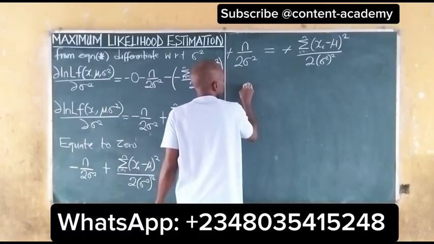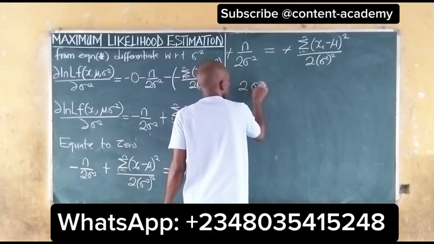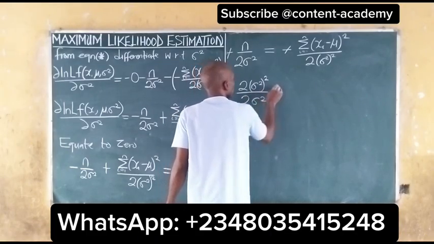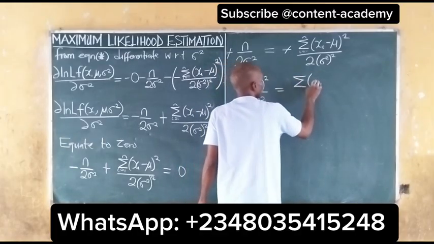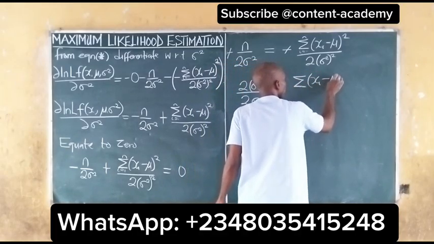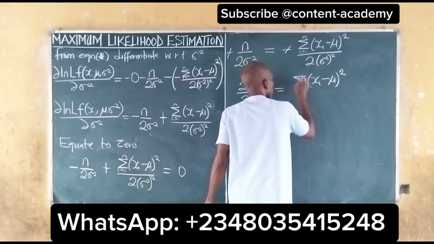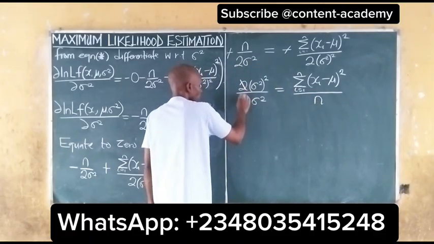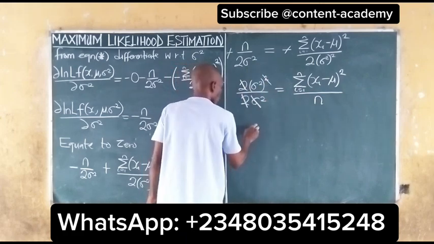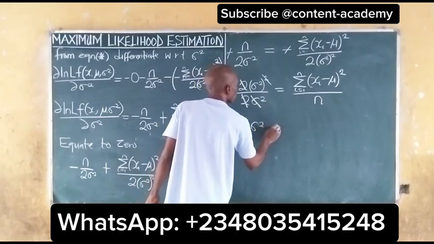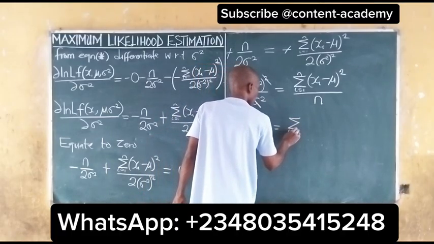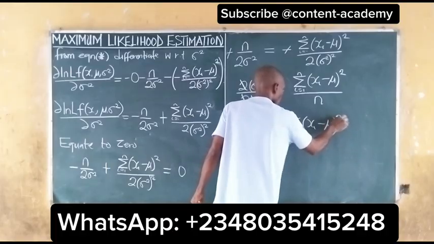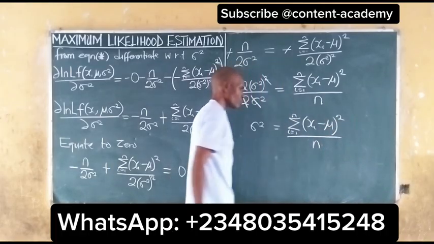This can move over to give us 2 sigma squared all over 2 sigma squared times the summation of (xi minus mu) squared as i runs from 1 to n all over n. Now, the whole of this will cancel this. So we are left with sigma squared equal to the summation, as i runs from 1 to n, of (xi minus mu) squared all over n.